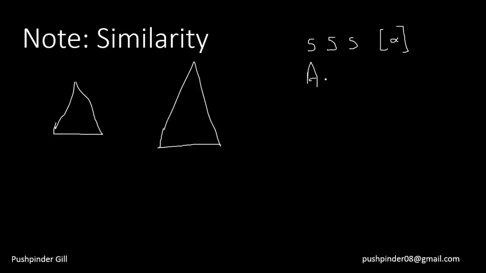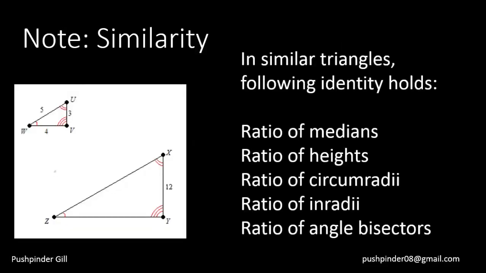Similarly, if all three angles are same, well, angles won't be proportional, that means that the triangles are similar. Similarly, if two sides are same and the angle between them is same, then again I can say that two triangles are similar.